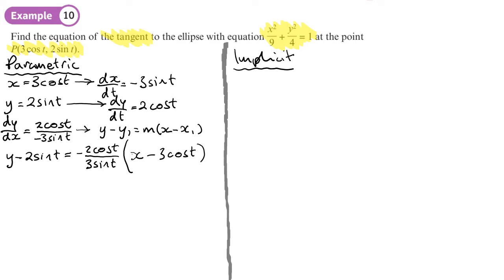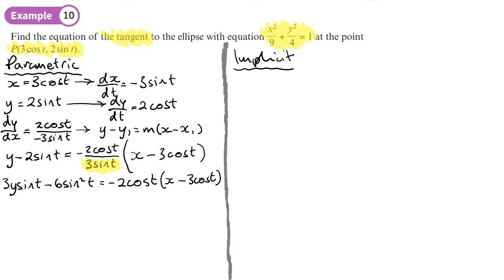Okay, now to get rid of this nasty denominator, probably before we expand the brackets, let's multiply both sides by 3 sine t. So we'll have 3y sine t minus 6 sine squared t equals minus 2 cos t, then times by this bracket x minus 3 cos t.